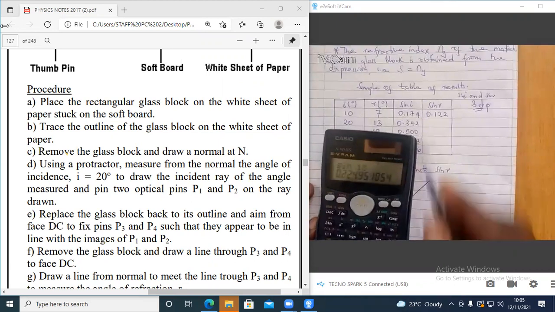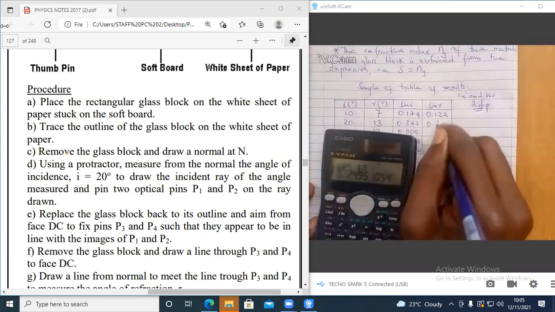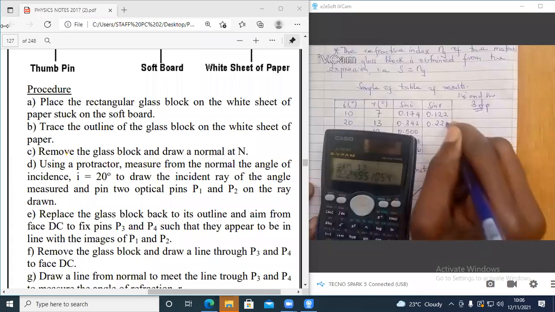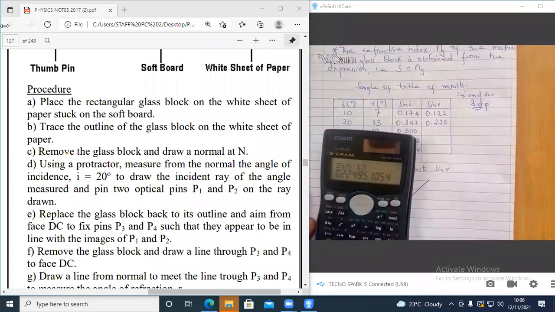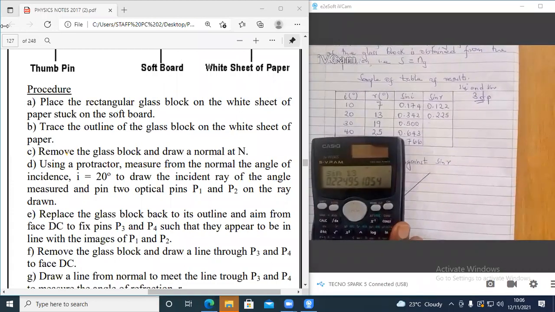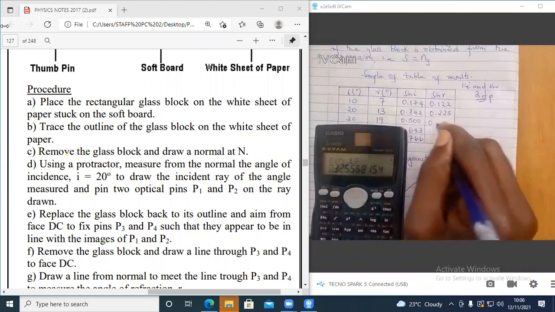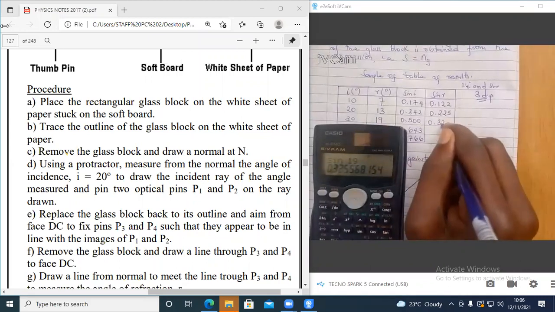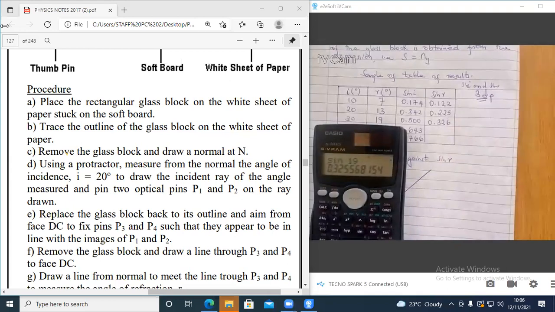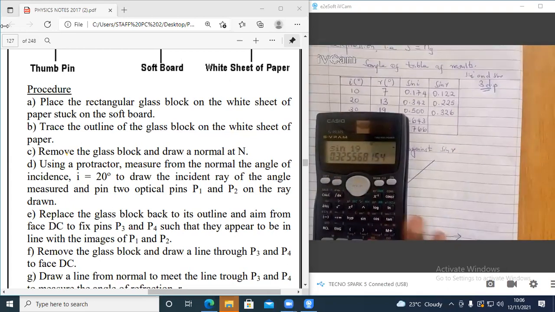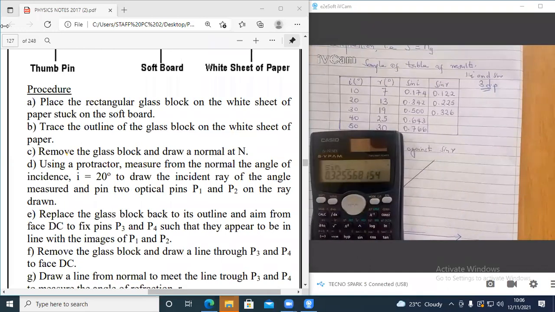We shall have 0.225. What about sine of 19? We shall have 0.326. Then sine of 25.